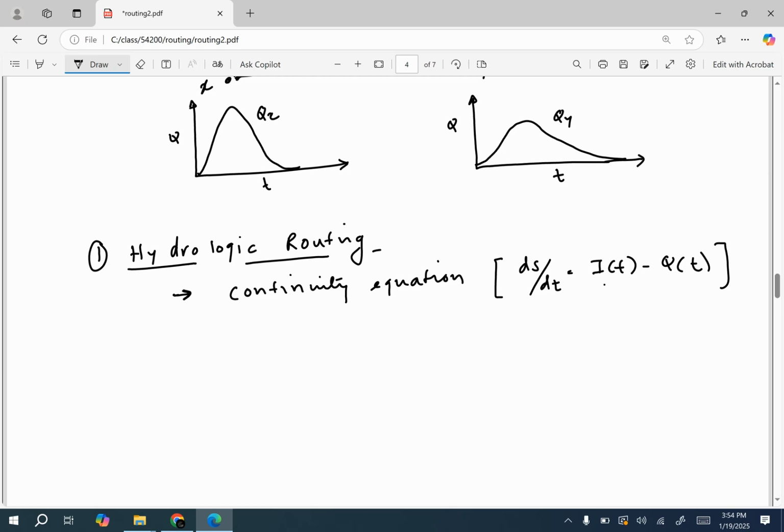This is one equation, and the other equation is some sort of relationship between storage and outflow and also sometimes inflow.